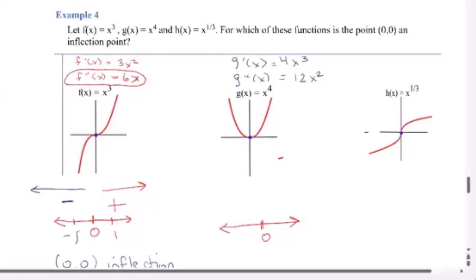And what I really want to know about is my second derivative, because it tells me about concavity. So when x is positive, this is positive. And when x is negative, oh, I'm squaring it, so it's going to stay positive.